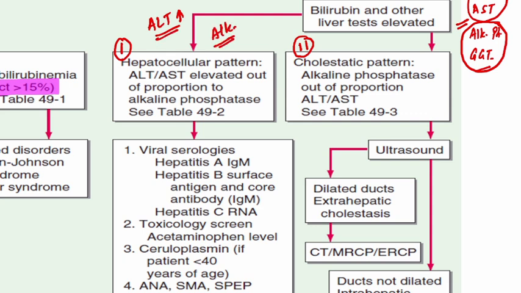What is the normal level of alkaline phosphatase? It is 40. What is the normal level of ALT? It is 30 to 40. So you will be able to appreciate that if alkaline phosphatase is, for example, 50 or 60 and ALT is 500, we will say hepatocellular pattern.